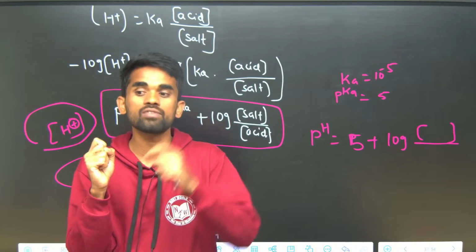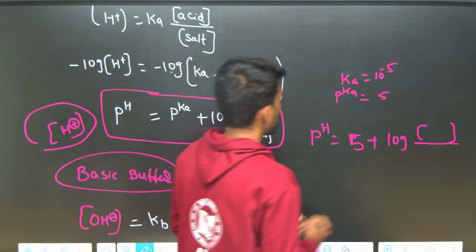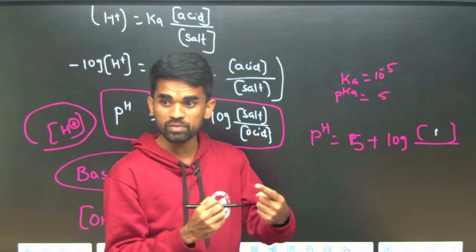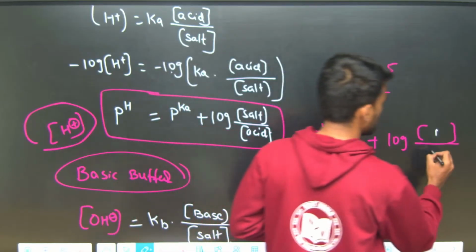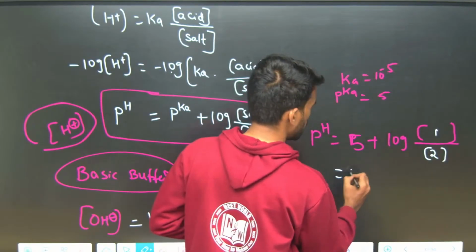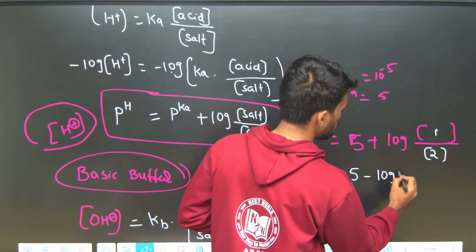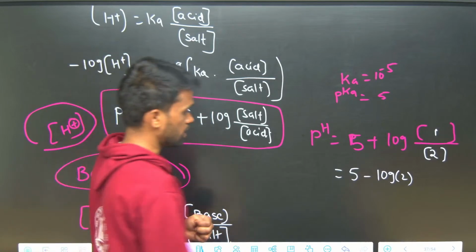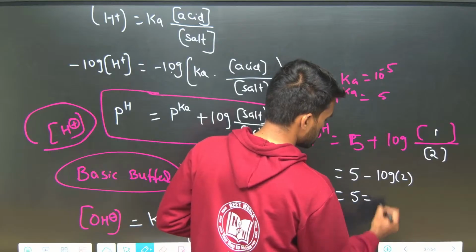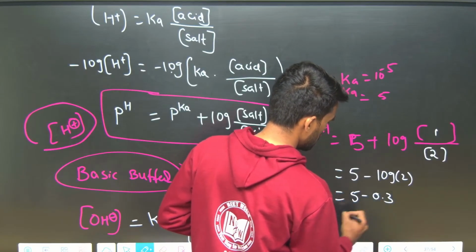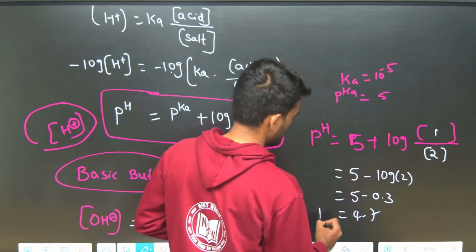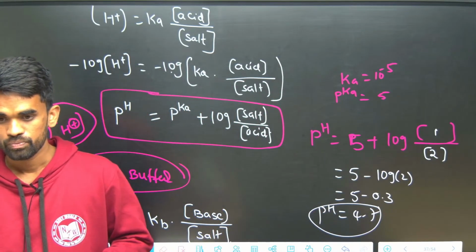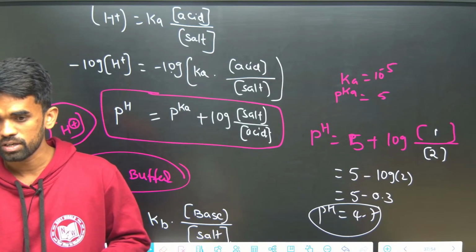So 1 mole of salt is formed, and out of 3 moles of acid, 2 moles remain. So 5 minus log 2 I can write. Yes or no? So the log 2 value is 0.3. That will be 4.7. This will be the pH of the resultant solution. Is this clear or not?